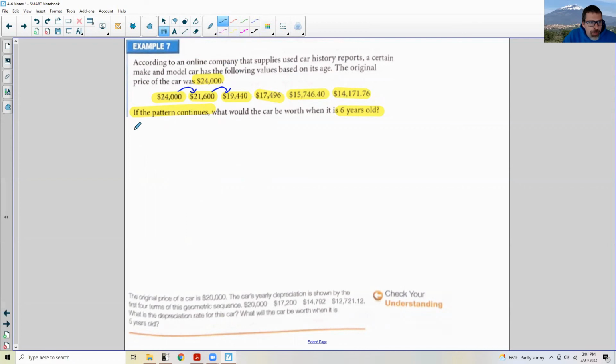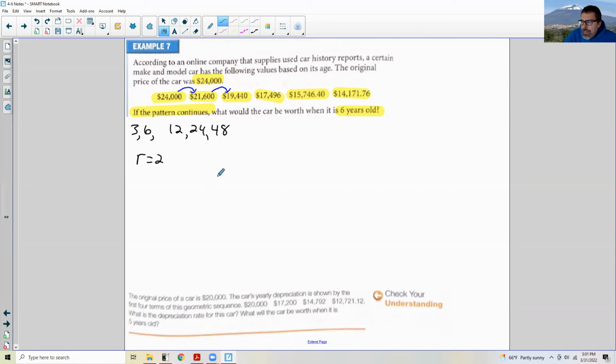So for example, if we had 3, 6, 12, 24, 48. 3 times 2 is 6. 6 times 2 is 12. 12 times 2 is 24. 24 times 2 is 48. So we have an R that equals 2 for this quick example.